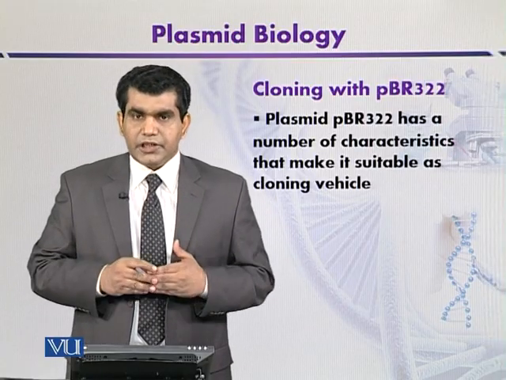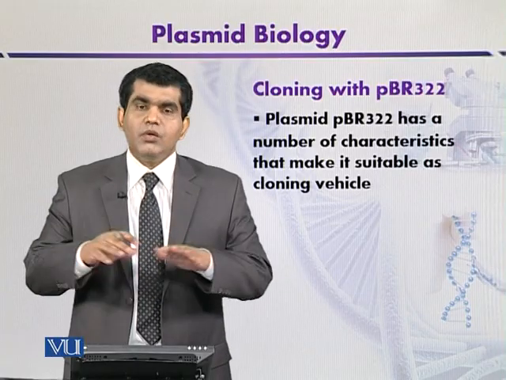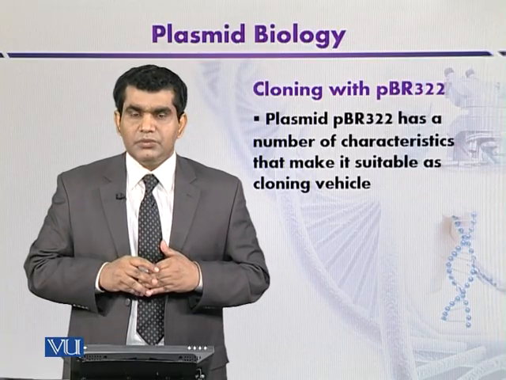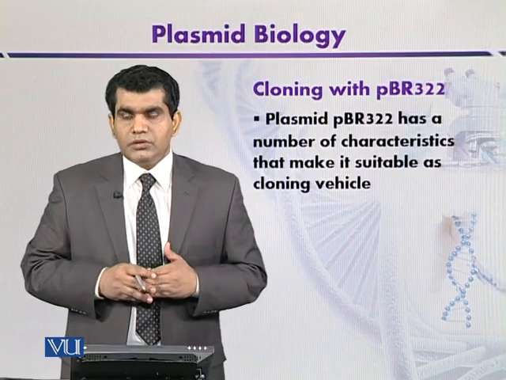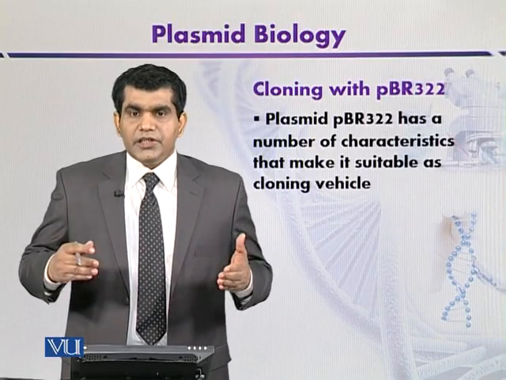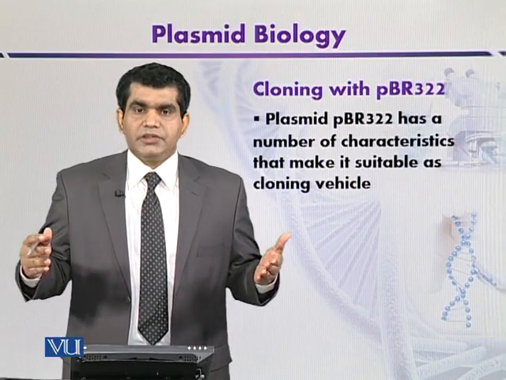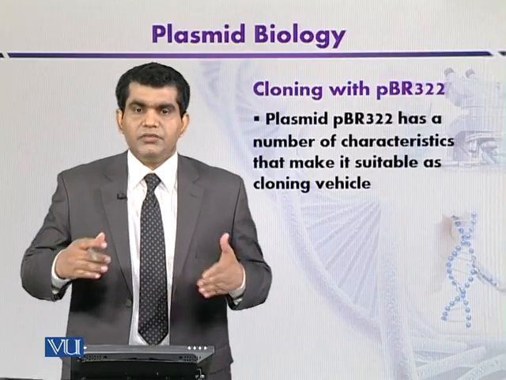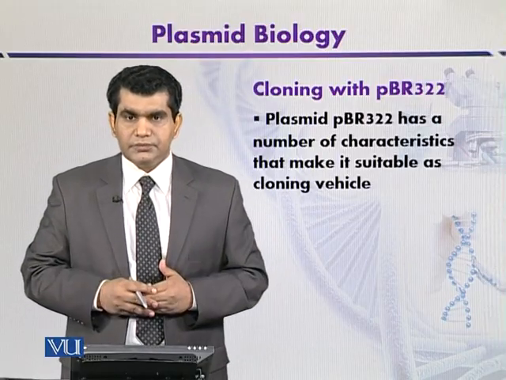Another advantage is that the whole sequence of pBR322 is known, so we have the idea of how many types of restriction sites are present and what their locations are.